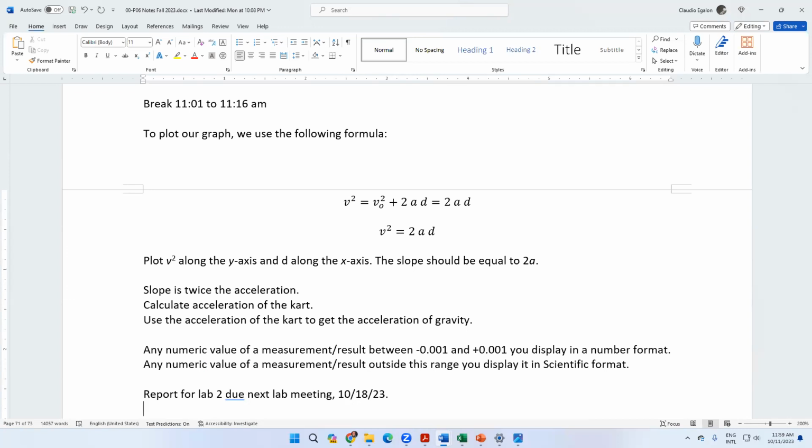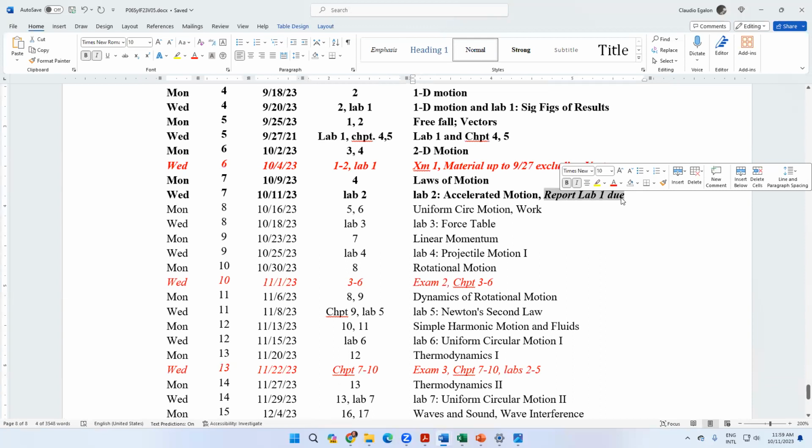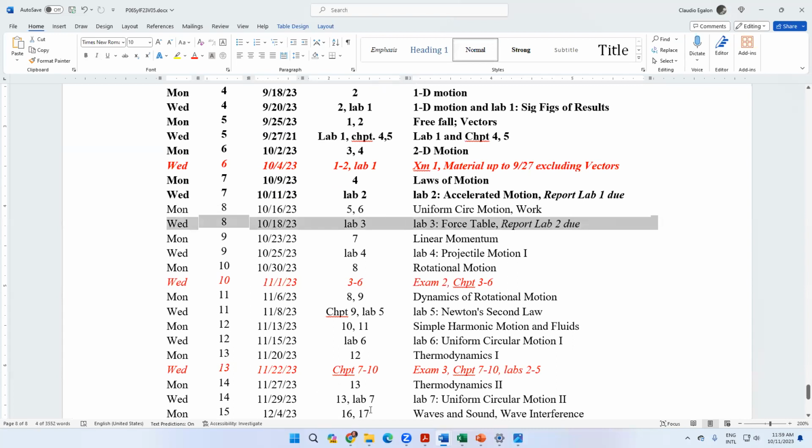That's what we're going to do. I'm not going to boldface it, but I'm going to leave it in italics. And then we do lab 3 next time.